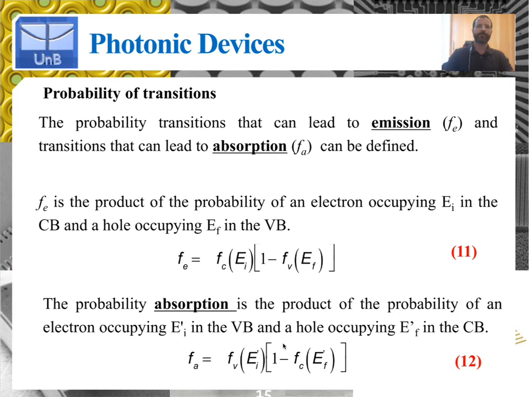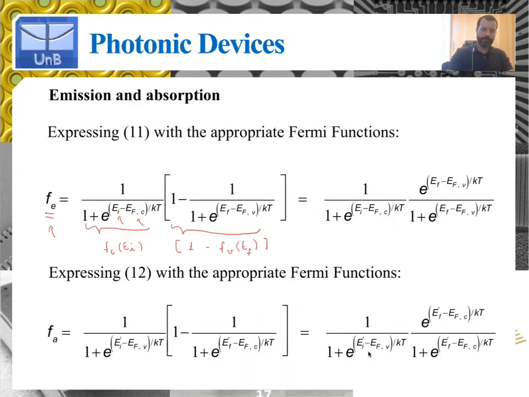Okay, since you need both things, you need to have a hole in the valence band and an empty state in the conduction band, the probability that these two things will happen at the same time is the product of both probabilities separately. So the product of the probability that there's an electron in the valence band and an empty state in the conduction band. Okay, and again we can just substitute here, and we get this.